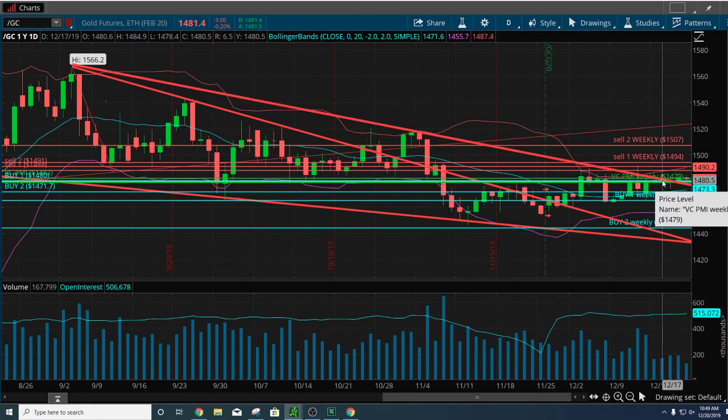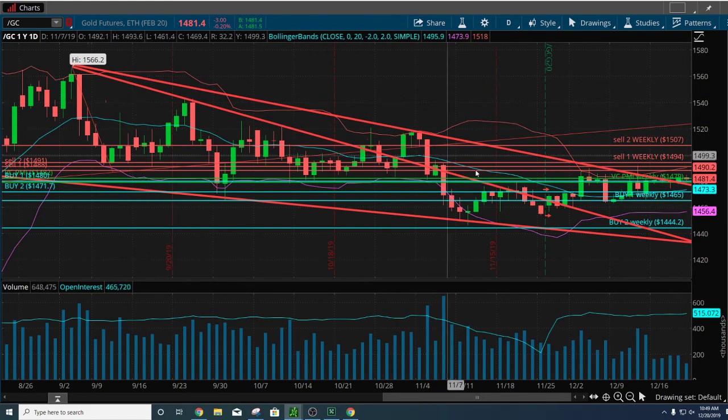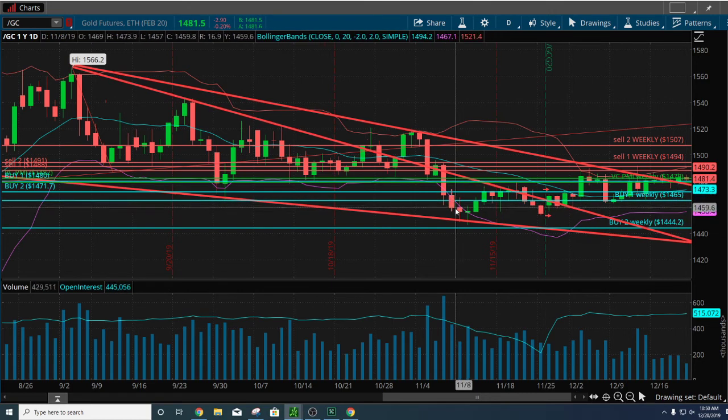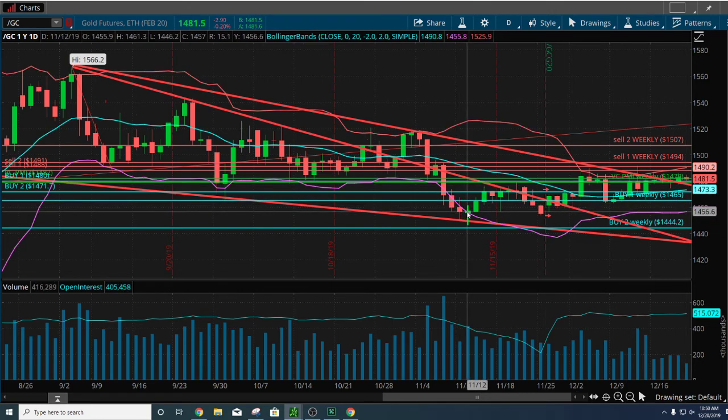But the price has broken out of this descending channel resistance trend level, so far we have 3 closes above this level, indicating that potentially the low of 1446 is going to be the low for 2019.